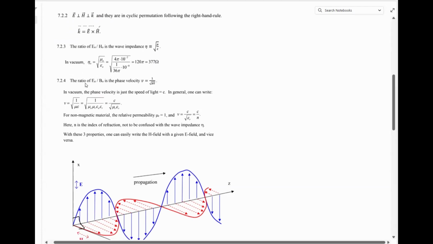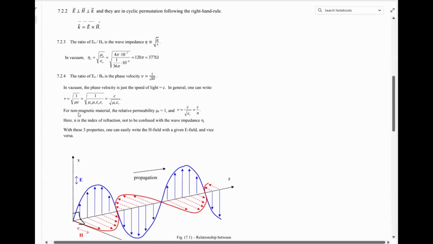And this ratio equals the phase velocity. This is important as we use it for non-magnetic materials: V equals C over the square root of epsilon r, which equals C over n, and n is our index of refraction, which also equals the square root of epsilon.